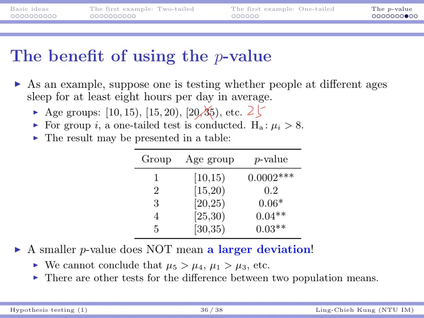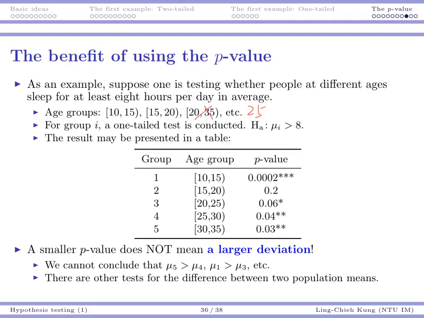One important thing to remind you is that a smaller p-value does not mean a larger deviation. Okay? We cannot conclude that mu5 is greater than mu4 because 3 is less than 4. We cannot conclude that mu1 is greater than mu3 because the p-value for group 1 is less than the p-value of group 3.